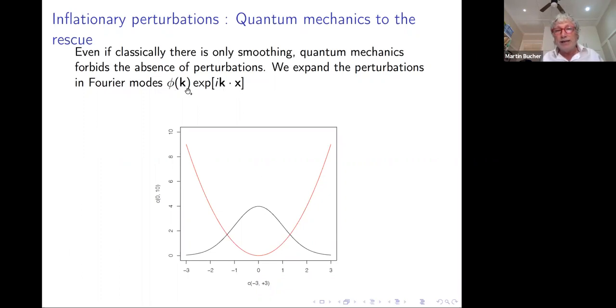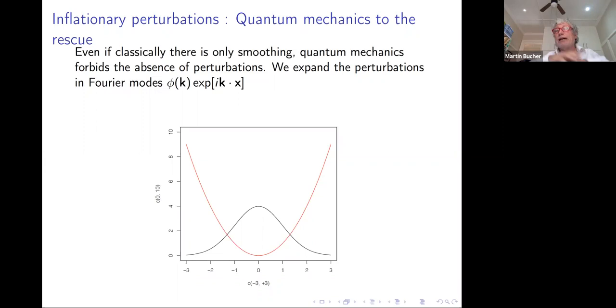And the Fourier modes have this wave number dependence. So each of them is independent and each has a wave function like this. And if you have just a finite energy, then the very ultraviolet modes have to be in the ground state.